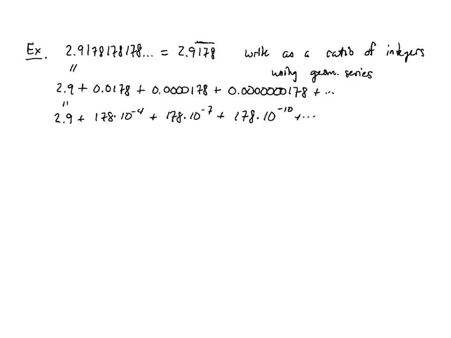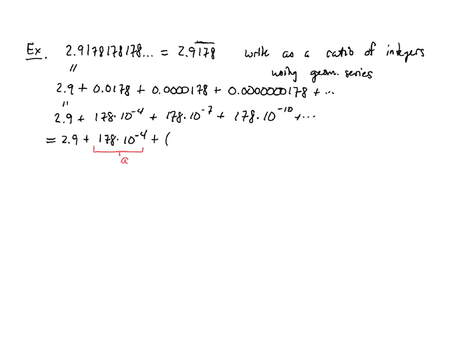And when you now take that 2.9 and that 178 times 10 to the minus 4, this is going to be our A. And so what we need to do with the rest of the terms is to factor out a factor of A and track the remaining quotients.